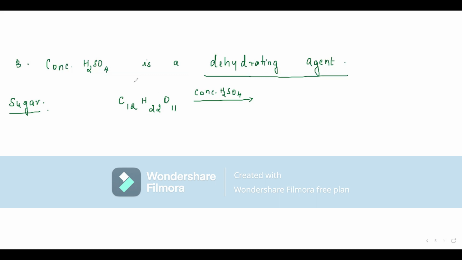Do not write it as sugar plus sulfuric acid. The function of sulfuric acid is to absorb water, to remove water, but actually no water molecule is directly present in sugar.